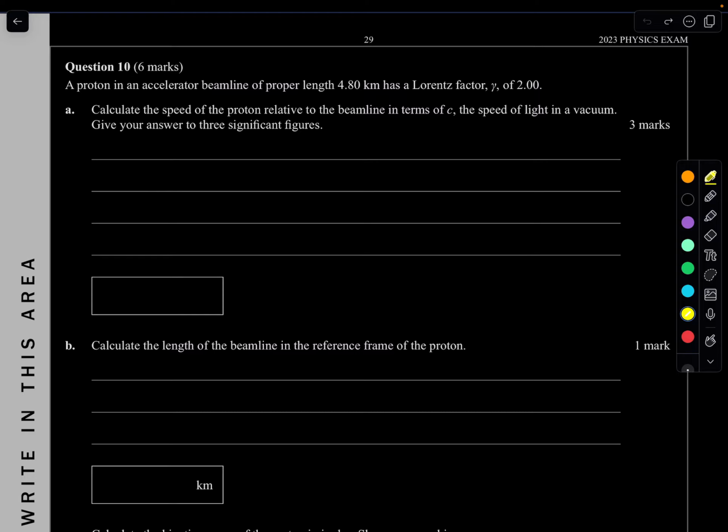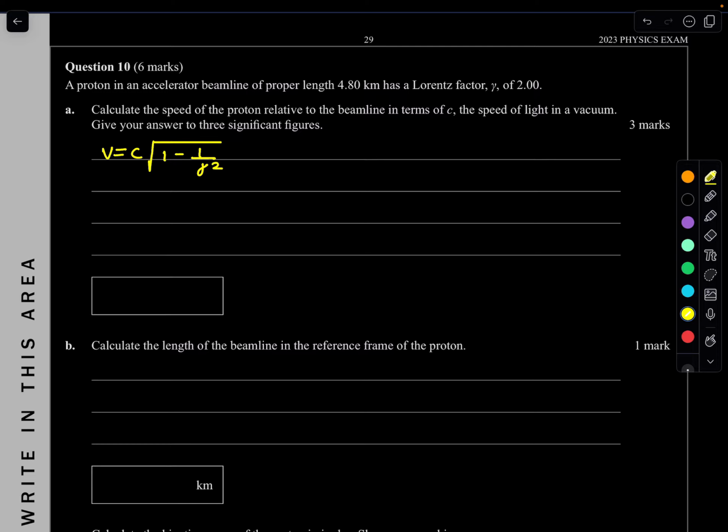Now, let's do that. Because we have the Lorentz factor, there is a formula that is basically transposed. You should have this formula in your formula sheet. We know that velocity is c square root of 1 minus 1 over your Lorentz factor squared. So basically going backwards to get your velocity. This is a very important key formula. Make sure you put it in your formula sheet.